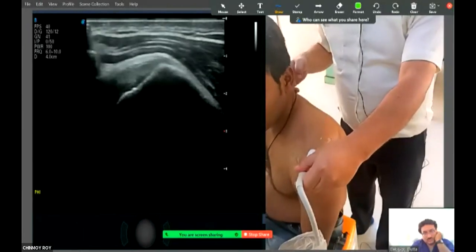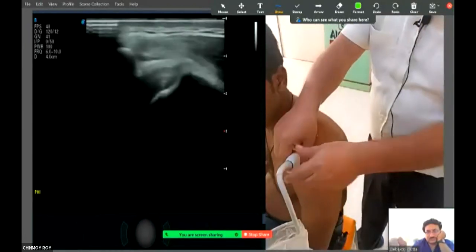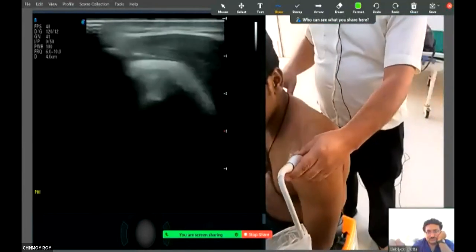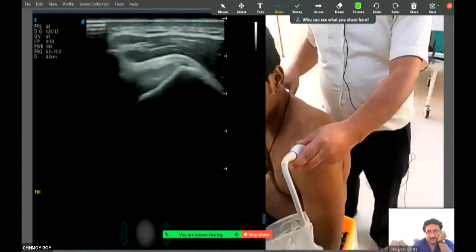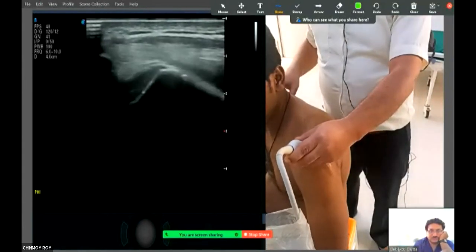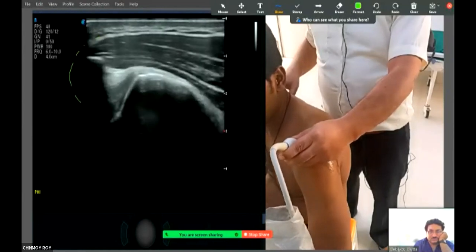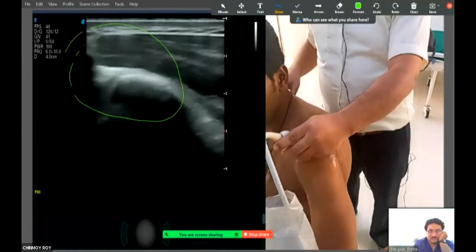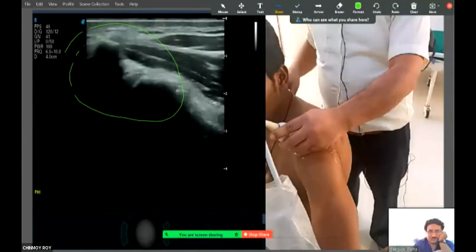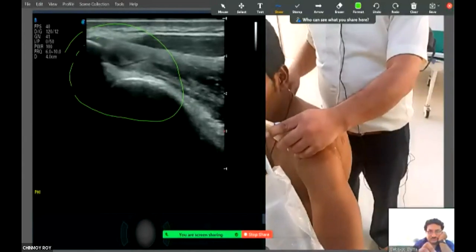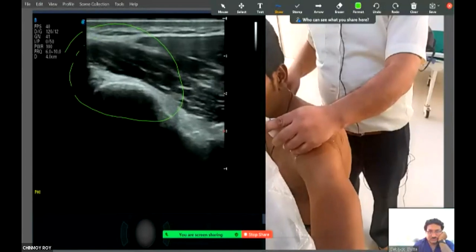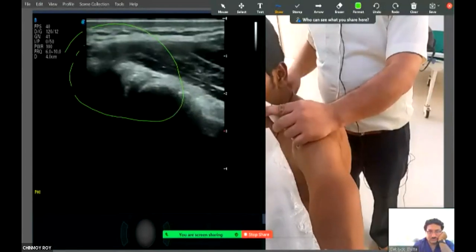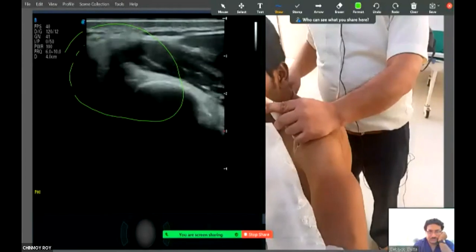Then how does impingement syndrome occur? As Dr. Kanchan showed you, during abduction the patient will feel pain. Now you see, he is abducting. At this point, when the head of the greater tuberosity just goes below the acromion, there the patient feels pain.